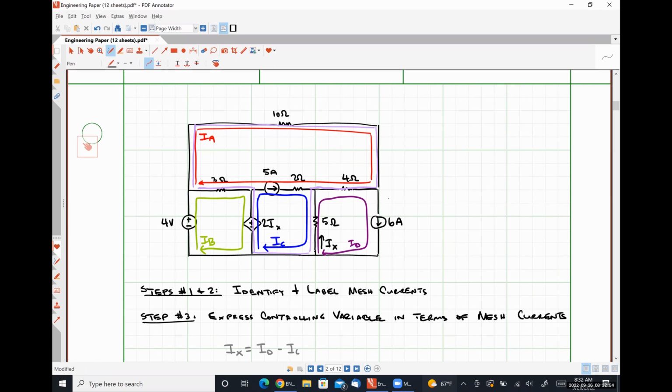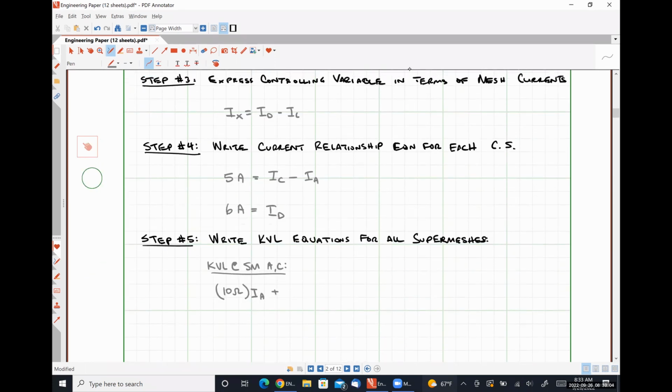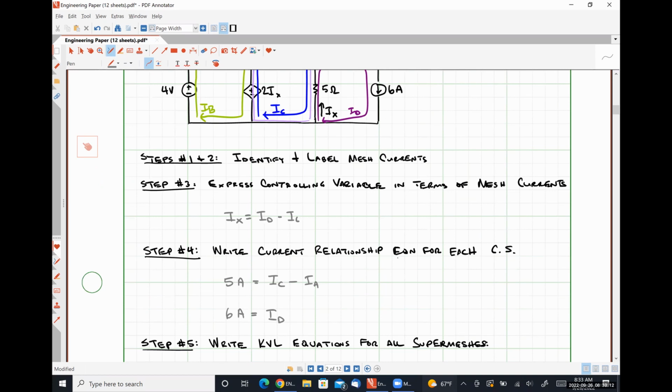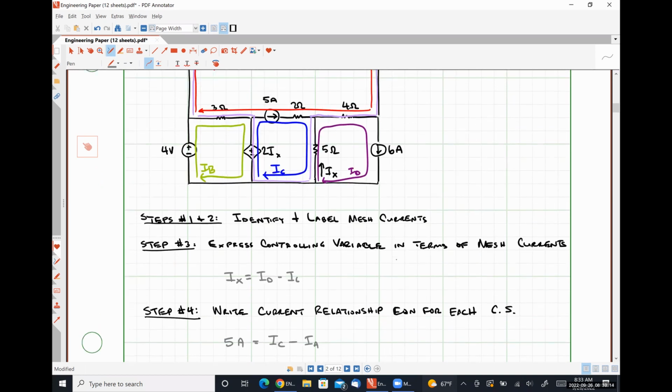All right, and what's the current flowing through the 4 ohm resistor expressed in terms of our mesh currents? Exactly right. 4 ohms times IA minus IB. What's the next thing we see? The 5 ohm resistor, okay?